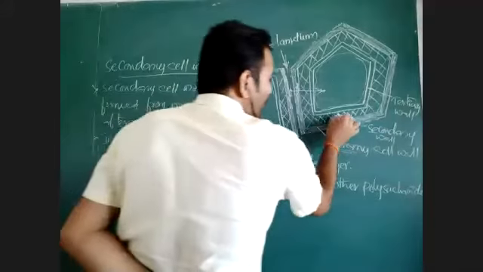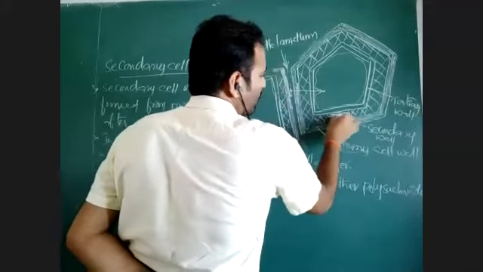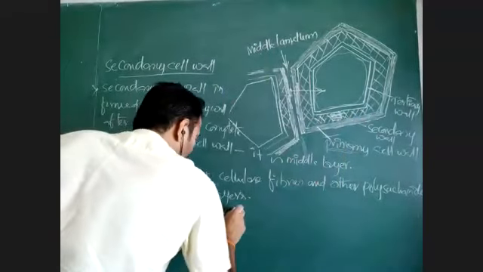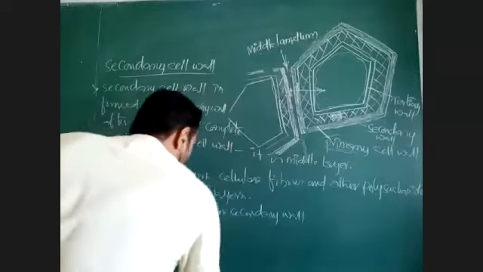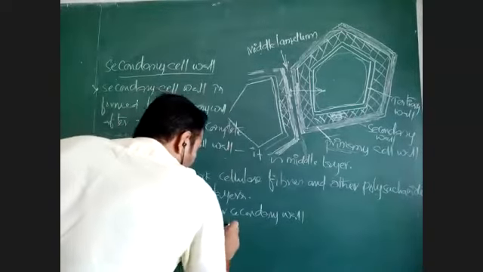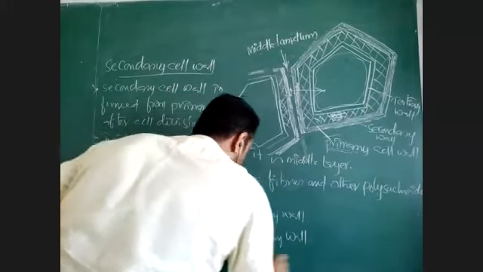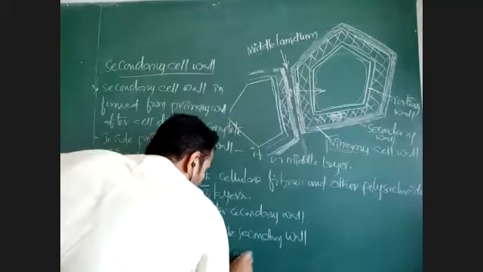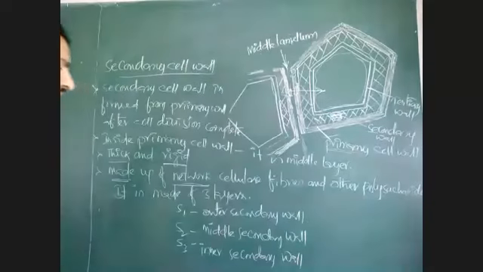If we divide the secondary wall layer into three parts, 1, 2, 3: the outer secondary wall is S1, the middle secondary wall is S2, and the inner secondary wall is S3.